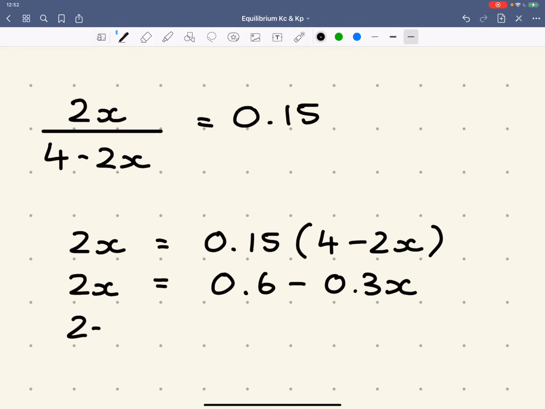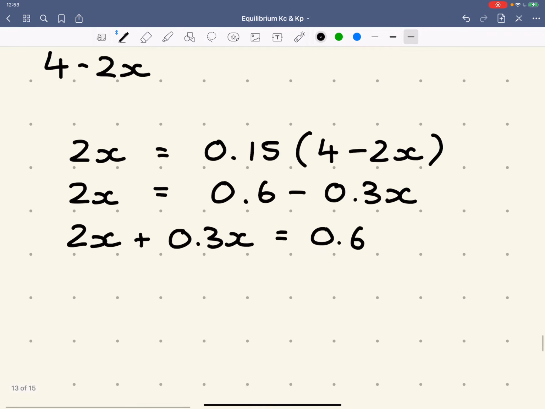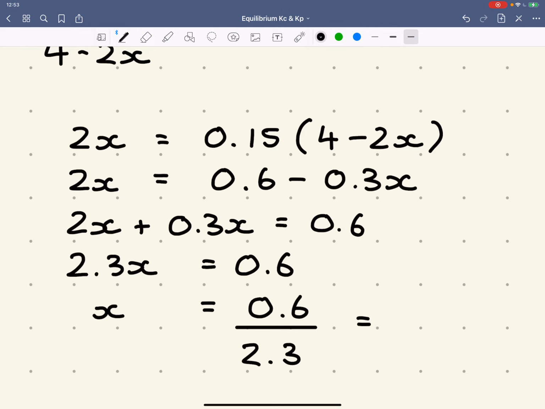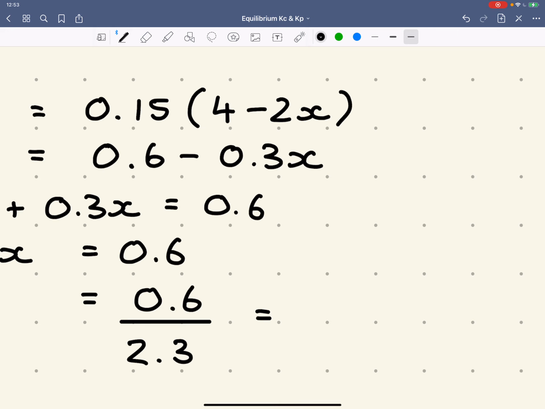So 2x plus 0.3x equals 0.6. That says 2.3x equals 0.6, and therefore x is 0.6 divided by 2.3. And when you do that, you should get 0.261, and that's equal to x.